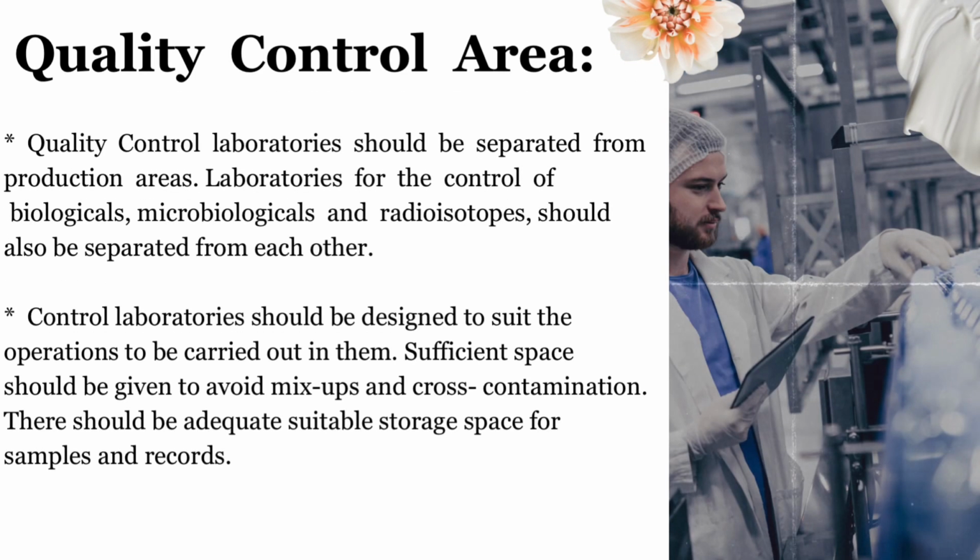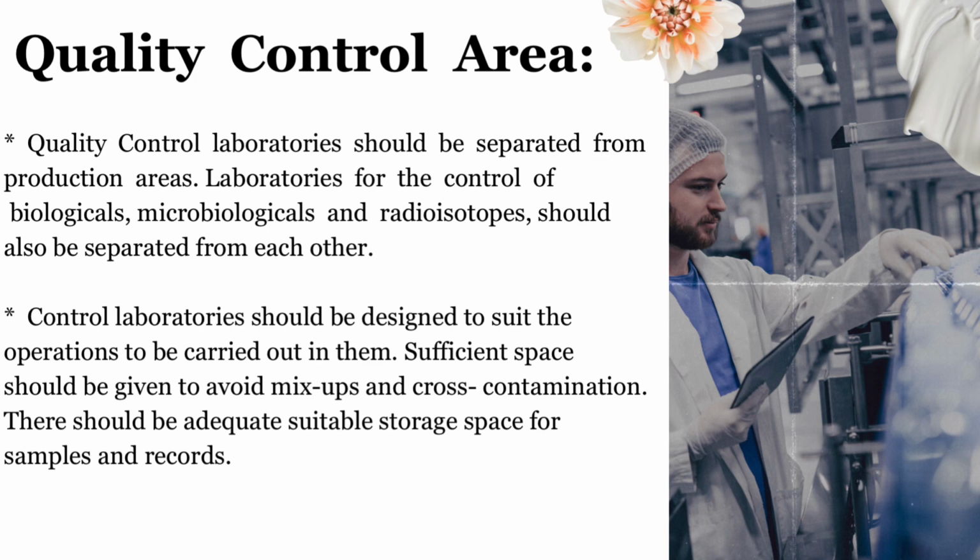Quality control area. Quality control laboratories should be separated from production areas. Laboratories for the control of biologicals, microbiologicals, and radioisotopes should also be separated from each other. Control laboratories should be designed to suit the operations to be carried out in them. Sufficient space should be given to avoid mix-ups and cross-contamination.